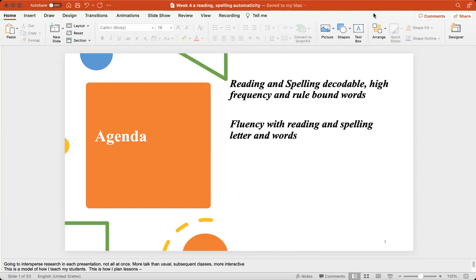So that's a completely decodable word. And if you've taught your students those particular consonants and vowel, then if you strengthen and build their phonemic awareness, they should be able to read and spell it with a high degree of accuracy.